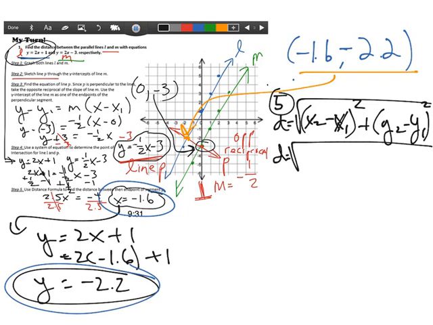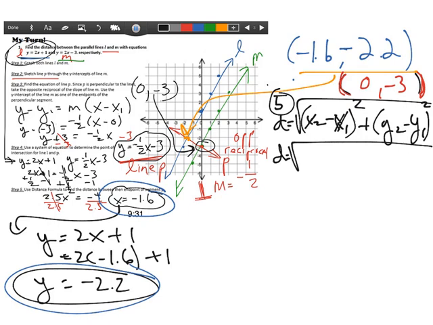So when I substitute in the values, I will be using this negative 1.6 comma negative 2.2, and let's put it here in red just so we have it in a different color. We'll be using 0 comma negative 3 because that is, again, this right here. That's the distance we're trying to find, right? The distance between two parallel lines.